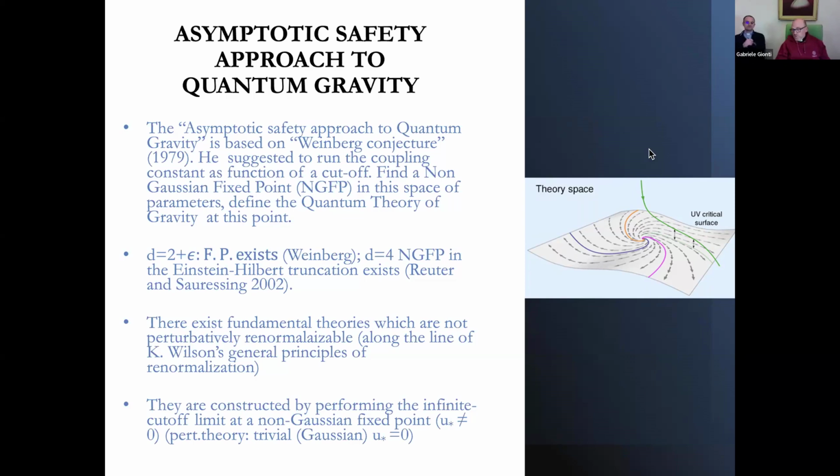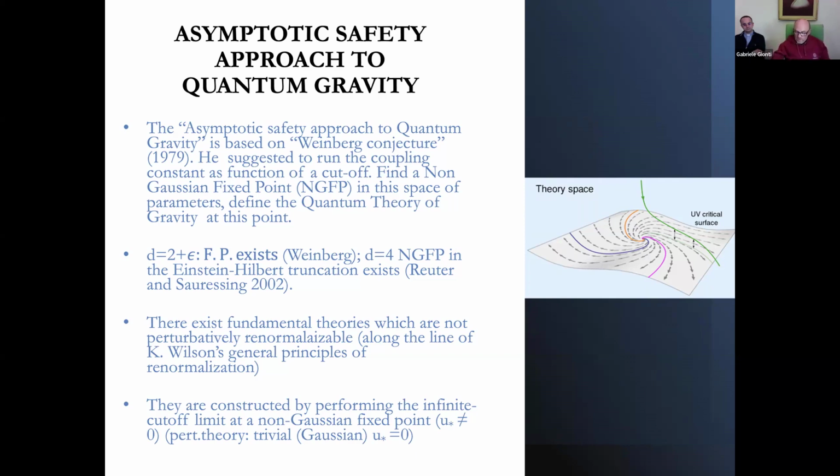And this approach is essentially the same approach that was introduced by Kenneth Wilson, a physicist who also got the Nobel Prize, for his study of statistical mechanics, essentially. So the idea is to construct, by performing the infinite cutoff limit, a non-Gaussian fixed point, and you define the theory at that fixed point.